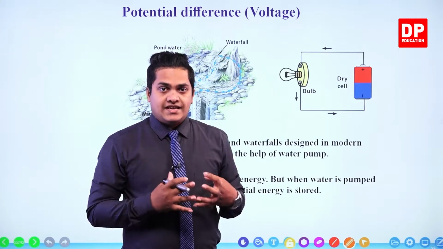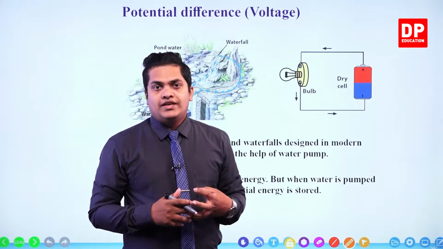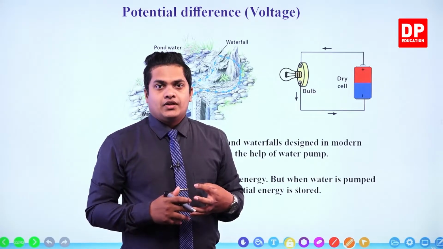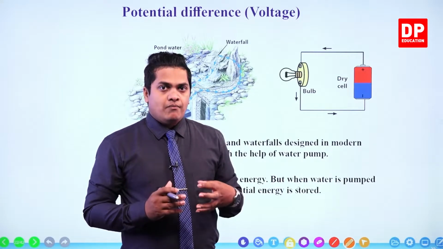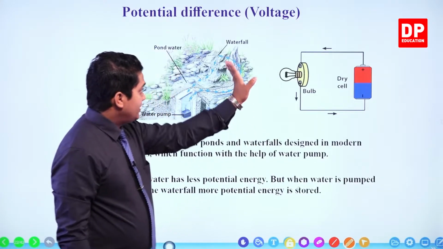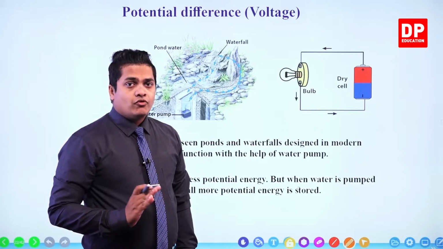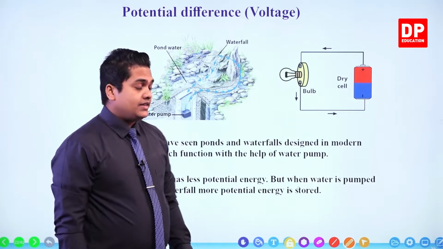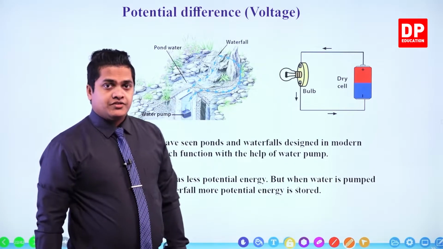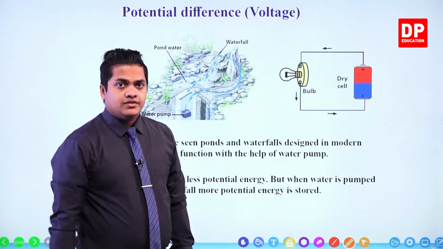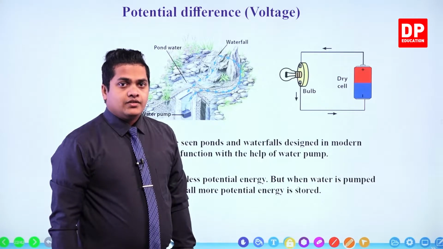This energy is referred to as the potential energy. So in the same way, when you pump water to the top of these cliffs, the potential energy stored in water is higher than in the initial location when it is in the pond.